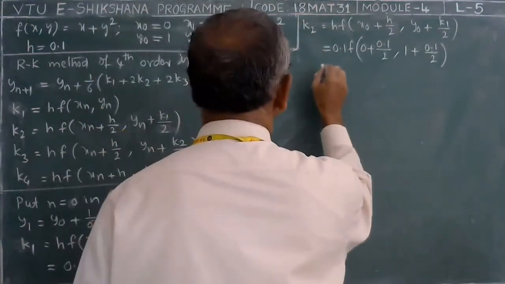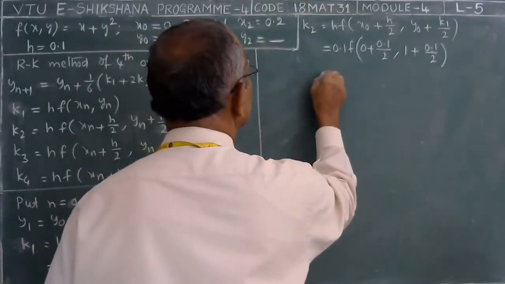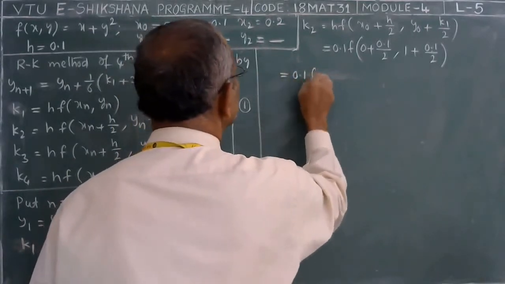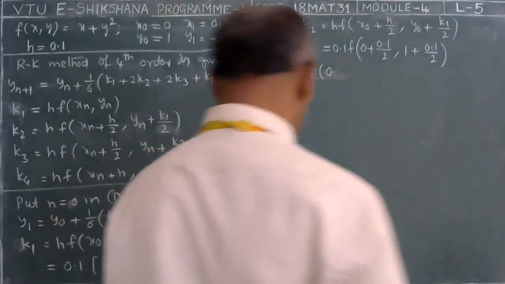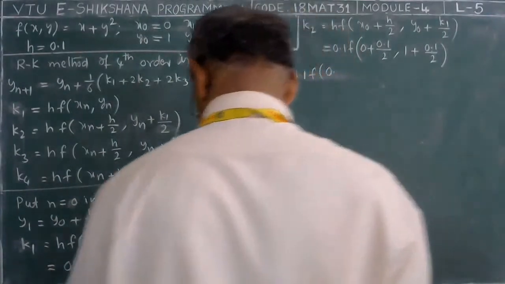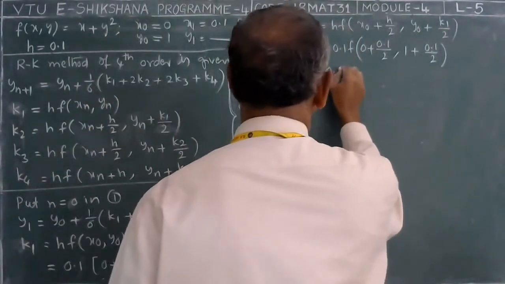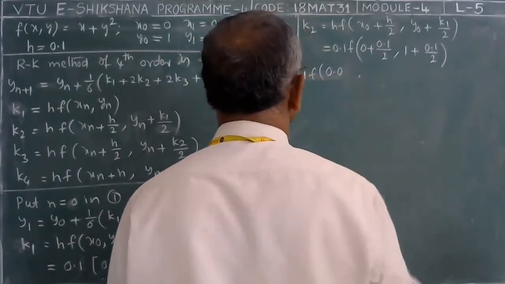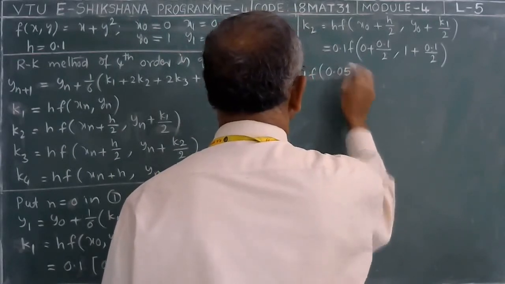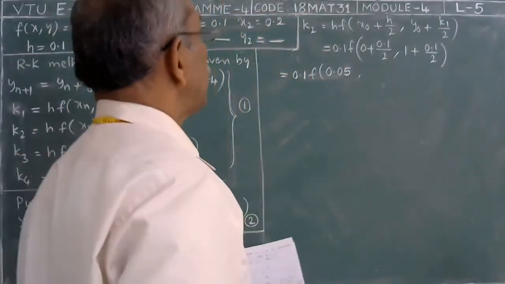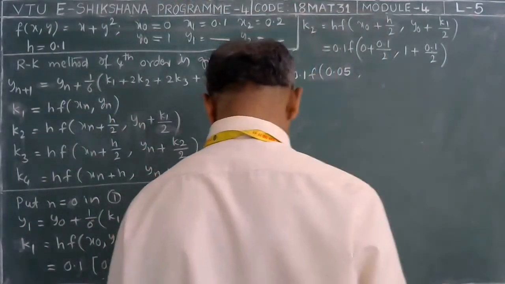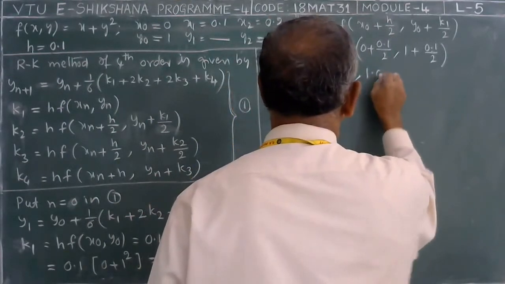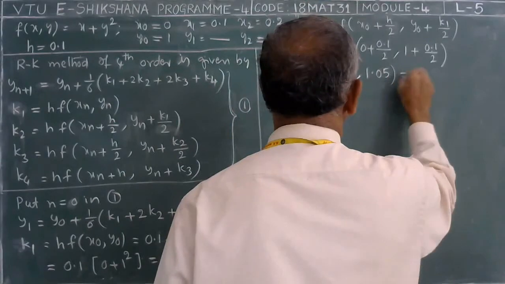If you simplify, you can write this as 0.1 into f of 0.05 comma 1 plus 0.1 by 2, that is 1.05.